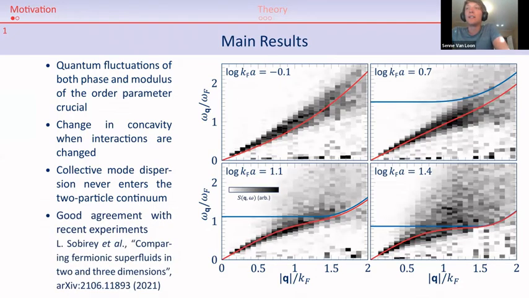And finally, maybe the most visual conclusion is that we found very good agreement with recent experiments, and we saw the talk of Henning Moritz earlier this week, where he also showed this figure. So they had some Bragg spectroscopy experiments in 2-dimensional Fermi gases, which inspired this study.